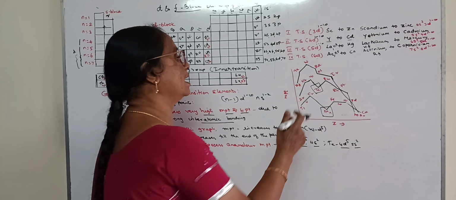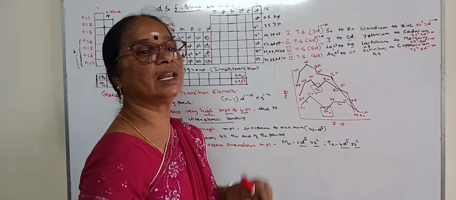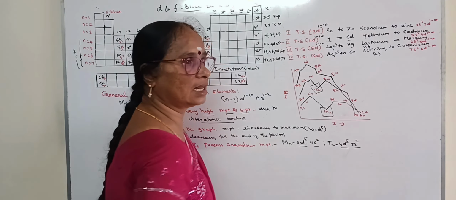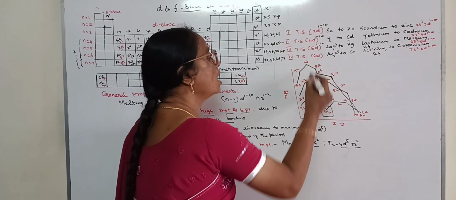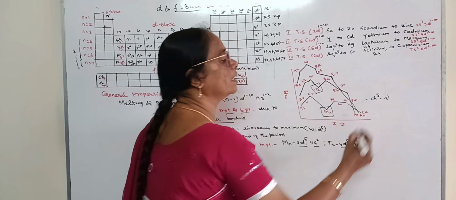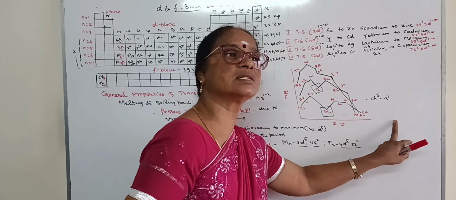But all other elements, chromium, molybdenum, tungsten, have very high melting points when we compare with all other elements. In this case, all of them have d5 and s1 configuration. So d5 is half-filled as well as the s orbital is also half-filled.